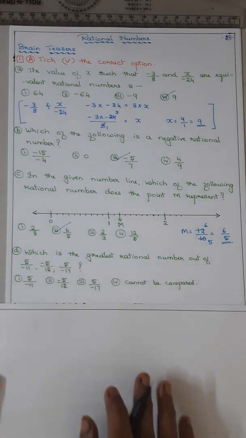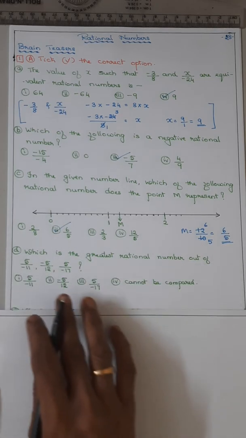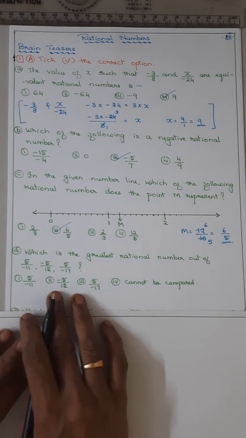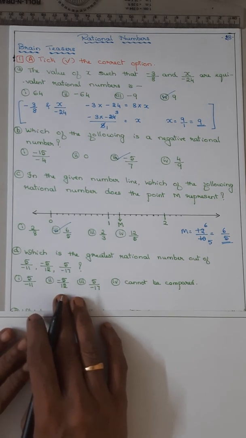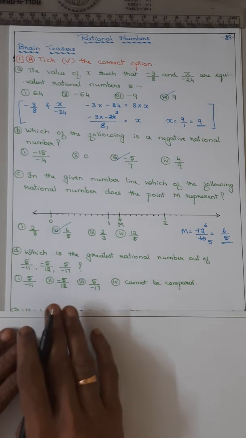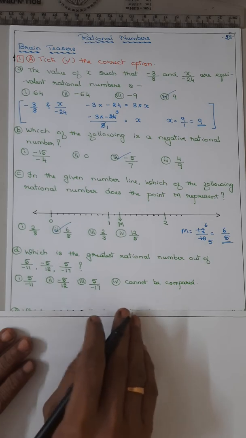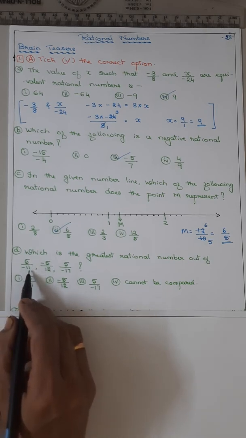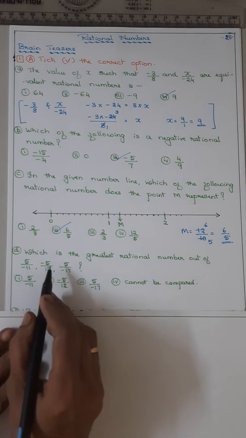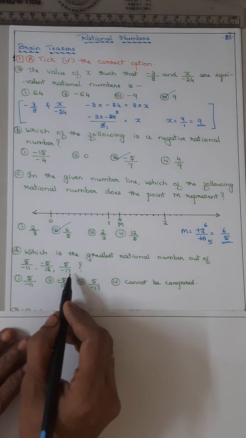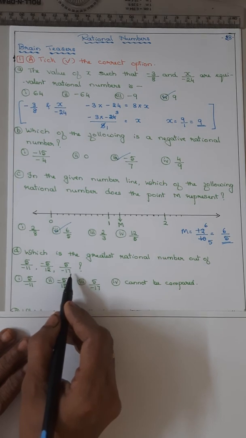Which is the greatest rational number out of the following? So first, make all of them the same, with numerator and denominator positive or negative accordingly. This will become 5 by minus 11, minus 5 by 12 and 5 by minus 11, isn't it?